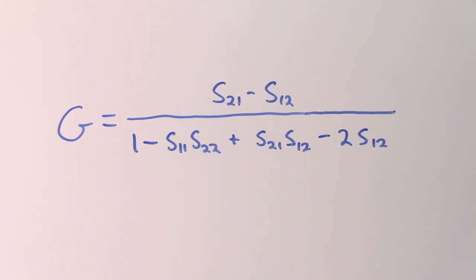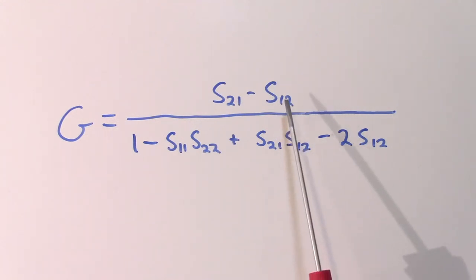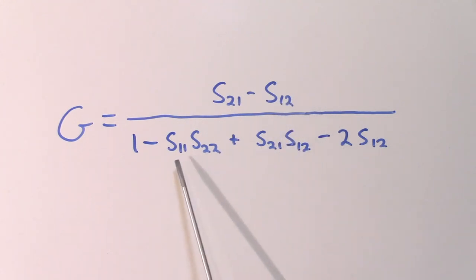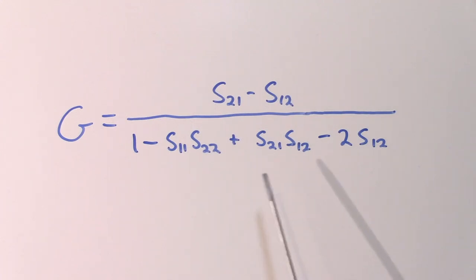But the TLDR is that this equation represents the actual open loop gain of our circuit, regardless of open loop termination mismatches. And we can also see here from this equation that if S12 is small and the product of S11 and S22 are small, then this equation will be approximately equal to S21.